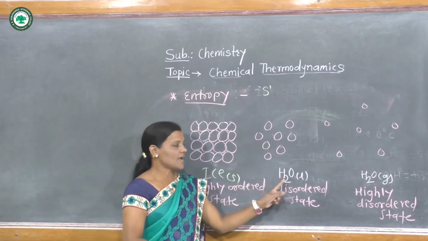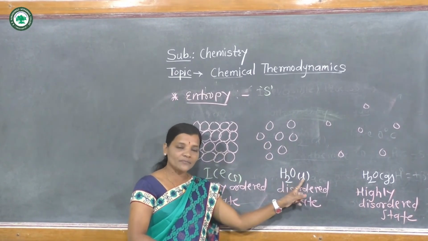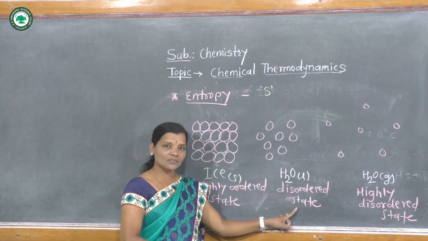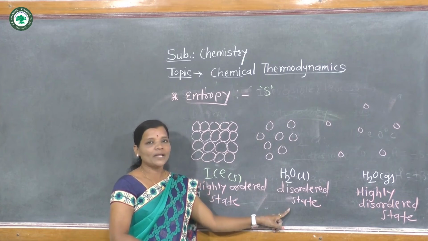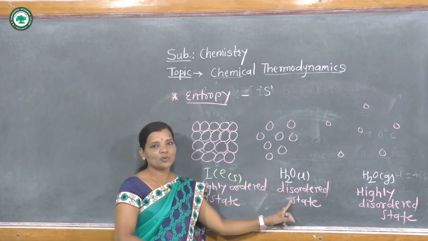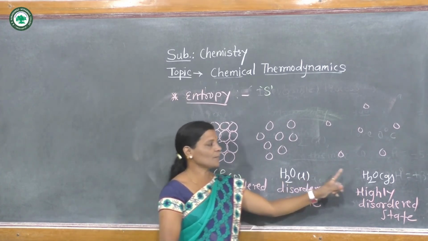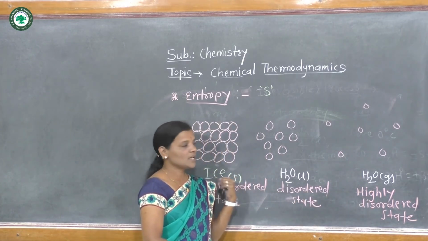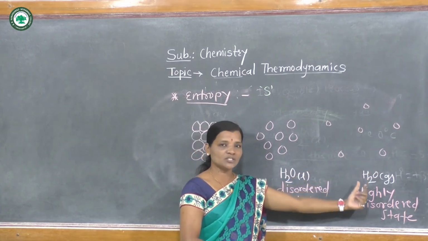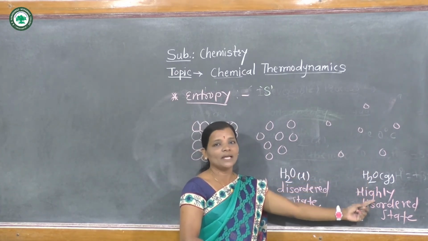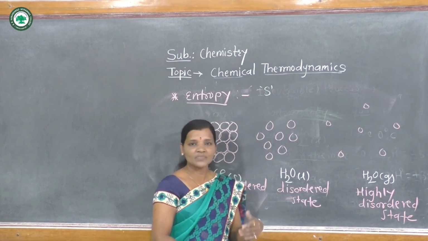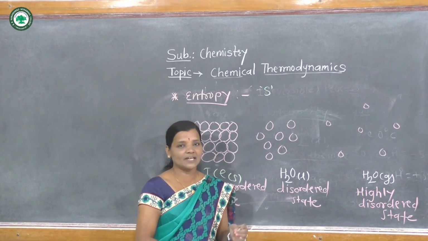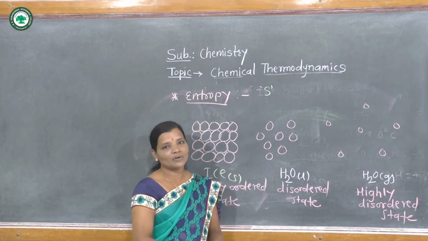Now when ice becomes liquid water by absorption of energy, a disordered state is obtained, and entropy as compared with ice is higher. If we compare water in the gaseous state with liquid water or with ice, a more disordered state is obtained, and entropy in this state is higher. That means the higher the disordered state, the greater is the entropy of that system.